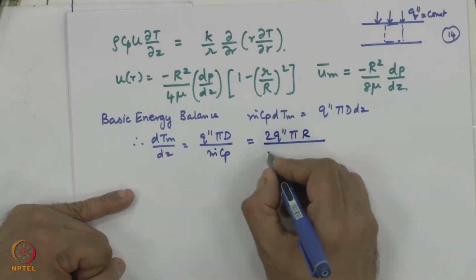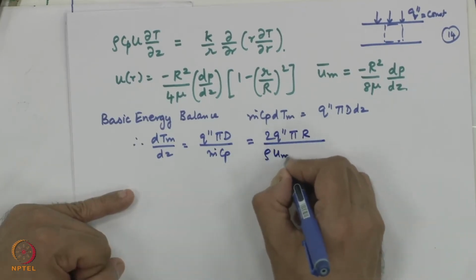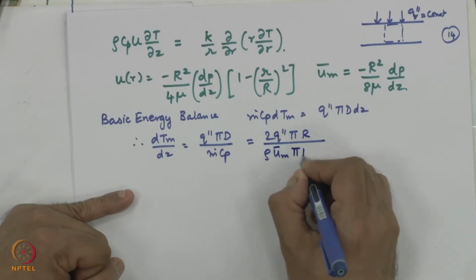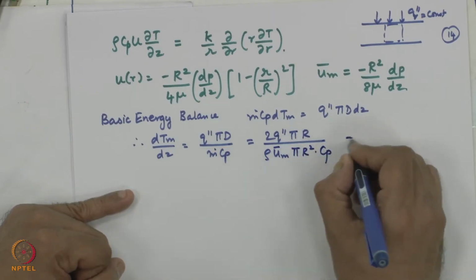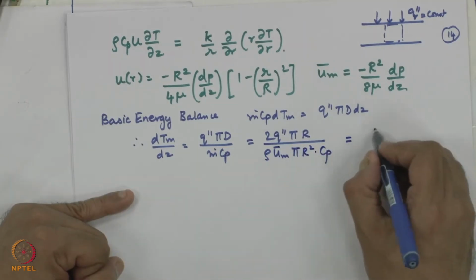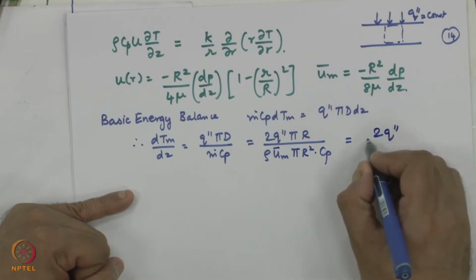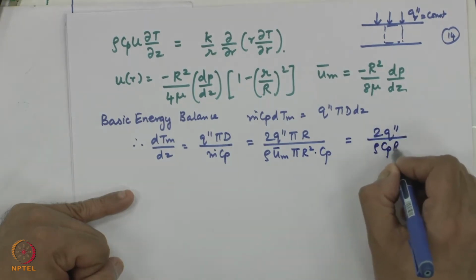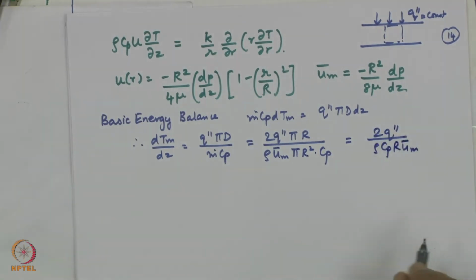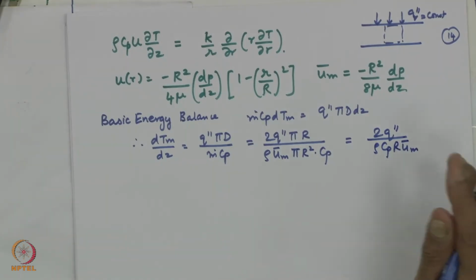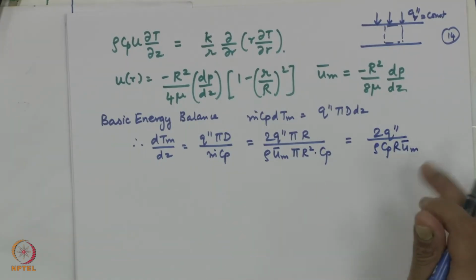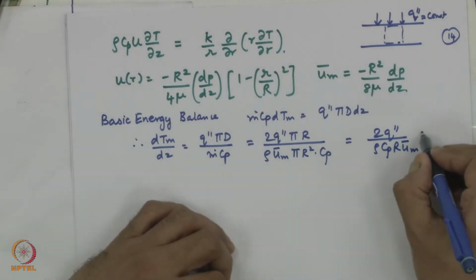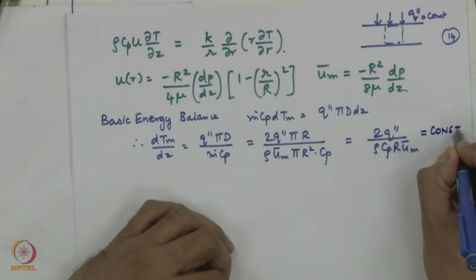M dot was nothing but rho u bulk mean into pi r squared Cp, and this was nothing but 2q double prime by rho Cp r into um. And we said that this whole quantity, because heat flux is a constant, diameter is constant, rho Cp, everything is constant, this whole thing is a constant.